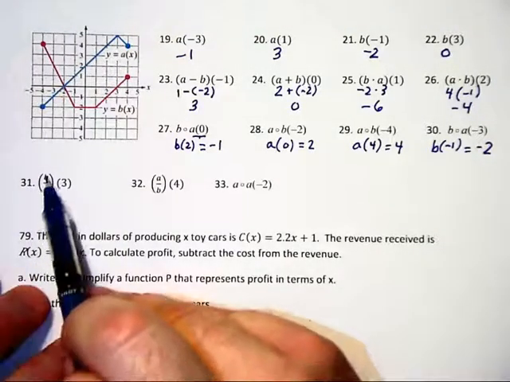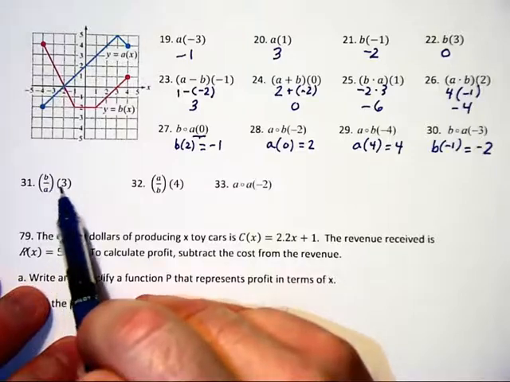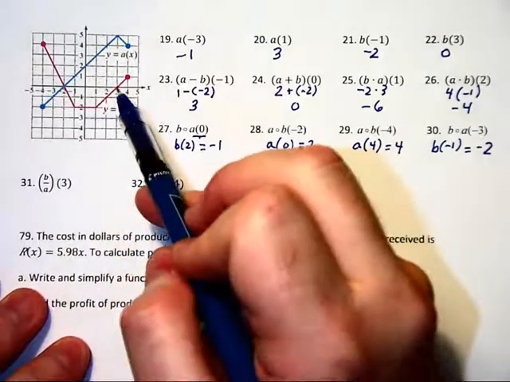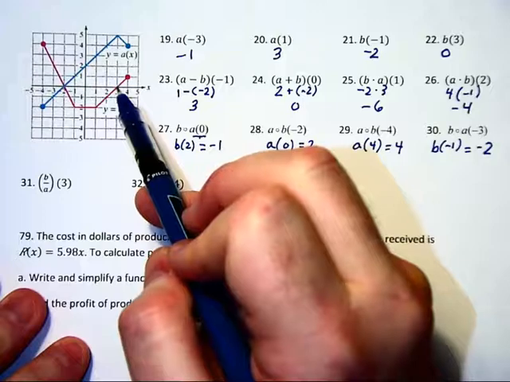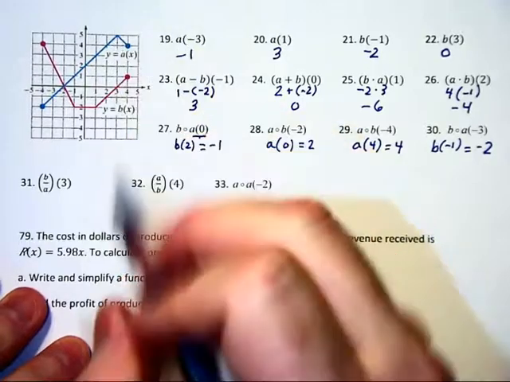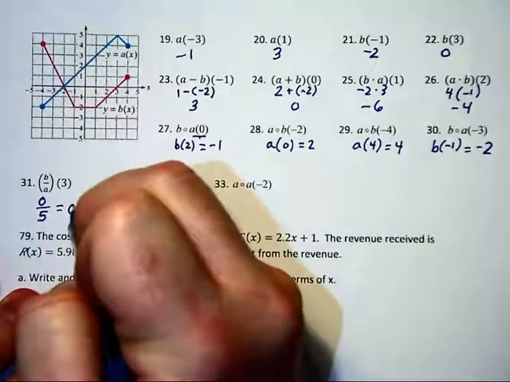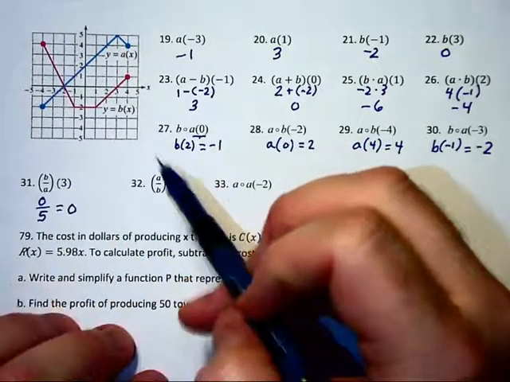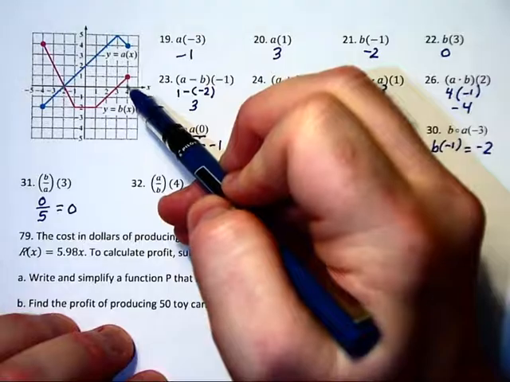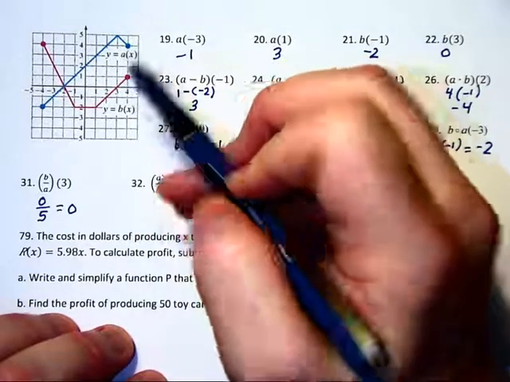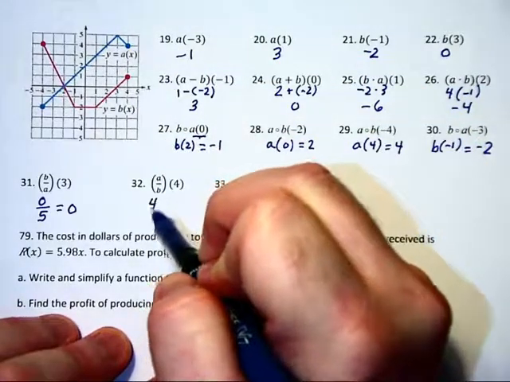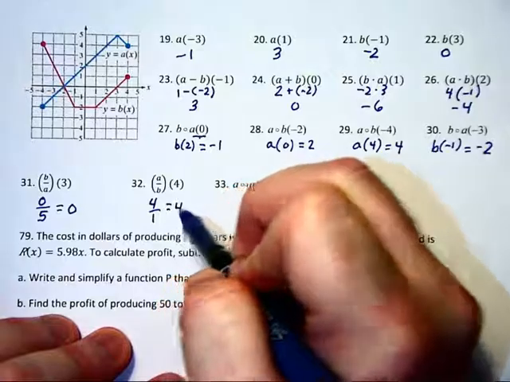Then we have a quotient, so we need to find B of 3 divided by A of 3. At 3, B is at a height of 0 and A is at a height of 5, so 0 divided by 5 is 0. A divided by B of 4, at 4, A is at a height of 4 and B is at a height of 1, so 4 over 1 is 4.